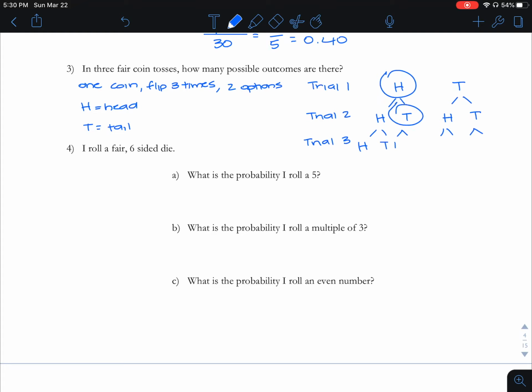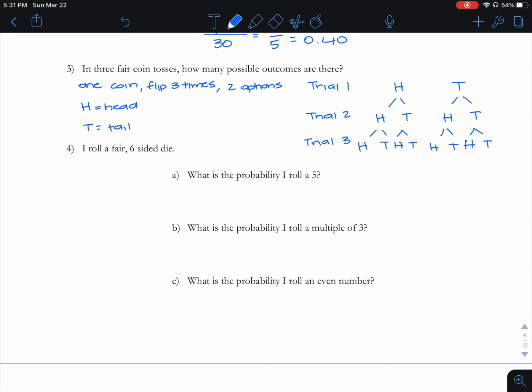I could have heads or tails after that. These are all possible outcomes that I could have. In trial 1, let's say I had tails first. Then my next trial could be heads or tails. If I had tails first, tails second, I could have heads or tails third.